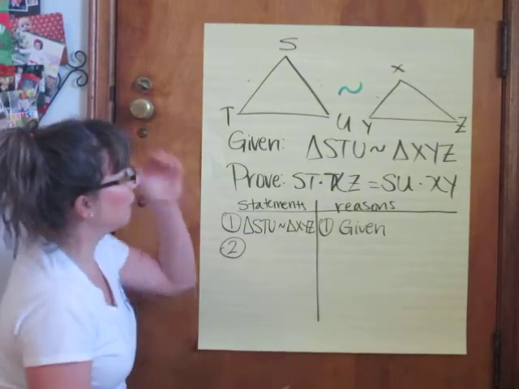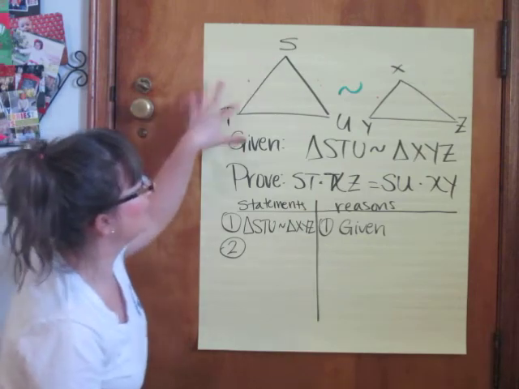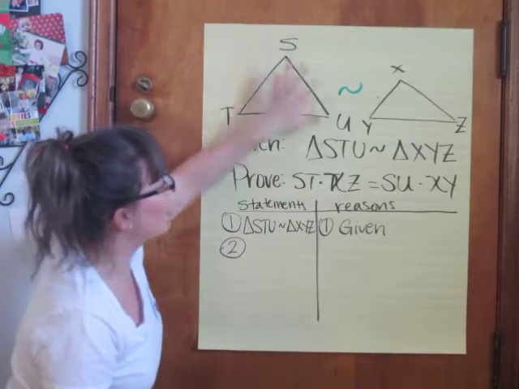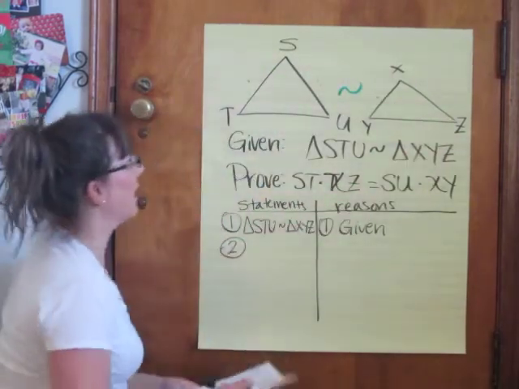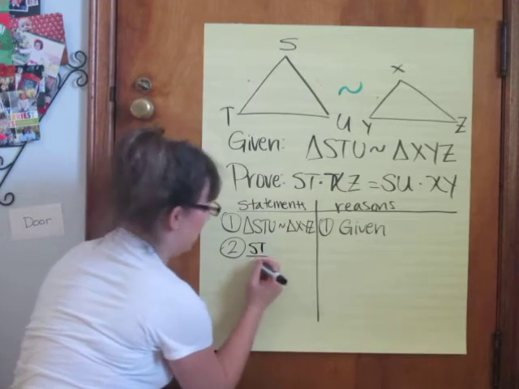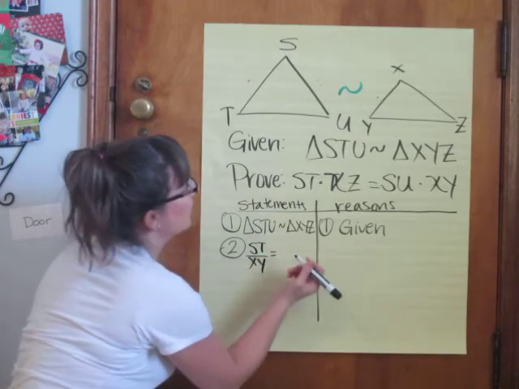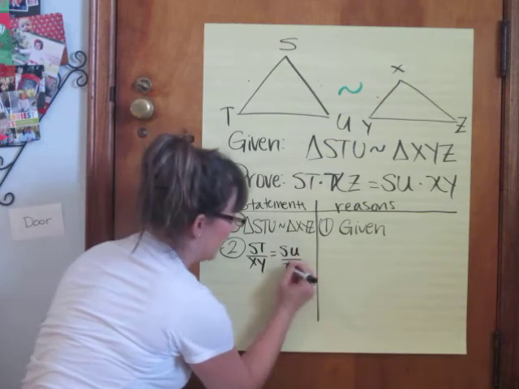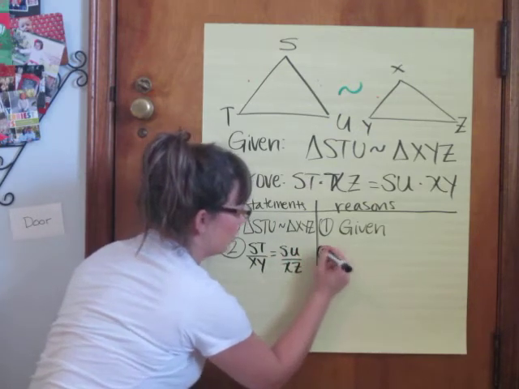So let's at least write the ratios of what we know. We know ST over XY should be proportional with SU over XZ. So I'm going to write that in a statement. ST over XY is equal to SU over XZ. Why?